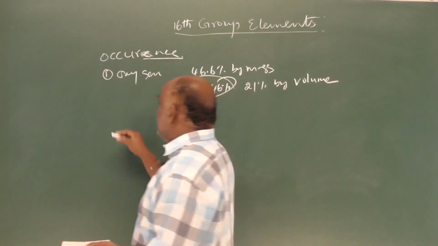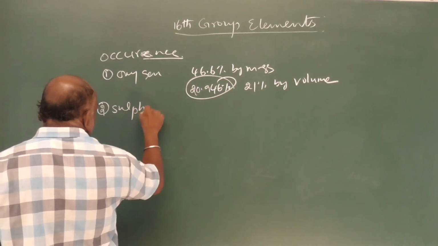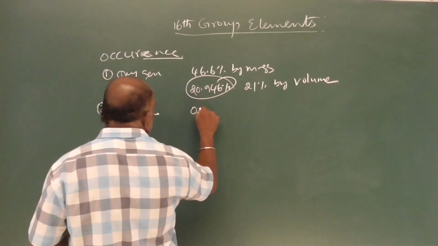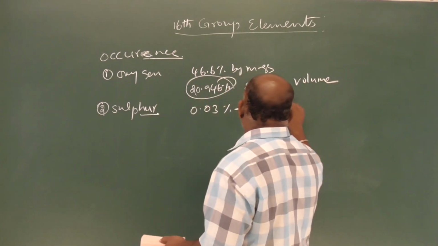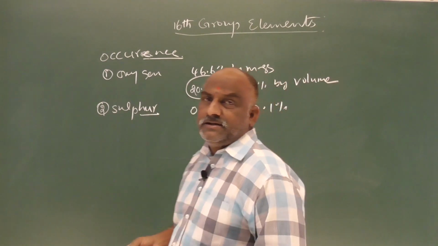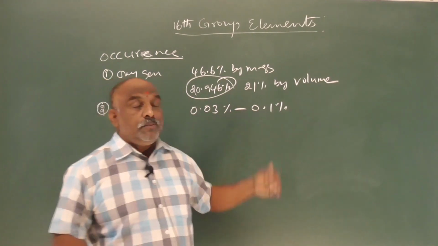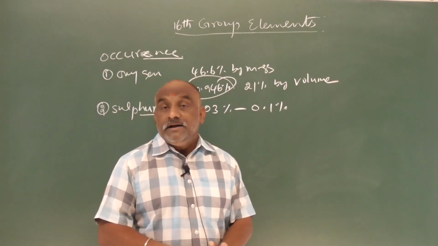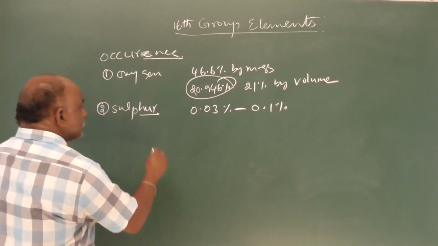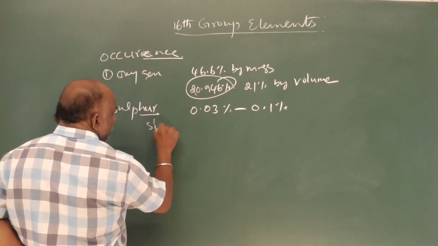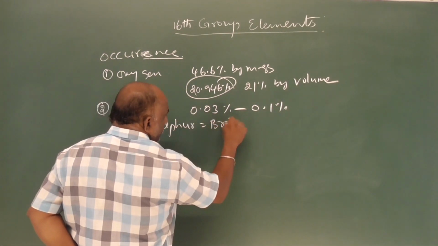The second one, which is very important, is sulfur. Sulfur availability in the earth crust is only 0.03% to 0.1%, and sulfur is also called brimstone. Make a note, my dear students.